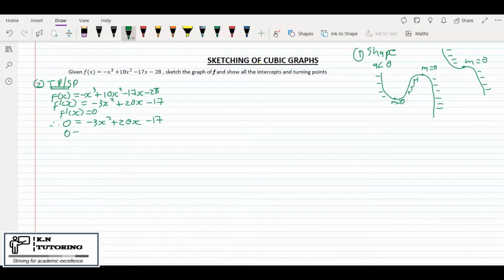So 0 is equal to, if I factorize this, I can put minus 3 here. This is not a nice problem to factorize. I can put in x there. Factors of 17: 1 and 17. I'll put 17 there and a 1 there, a positive there and a negative there.